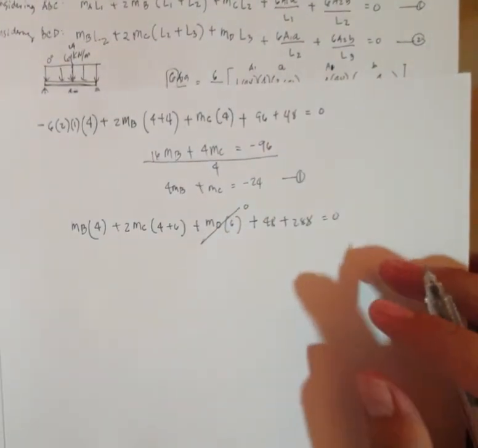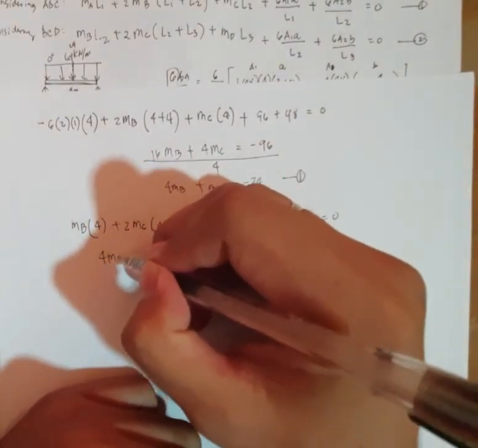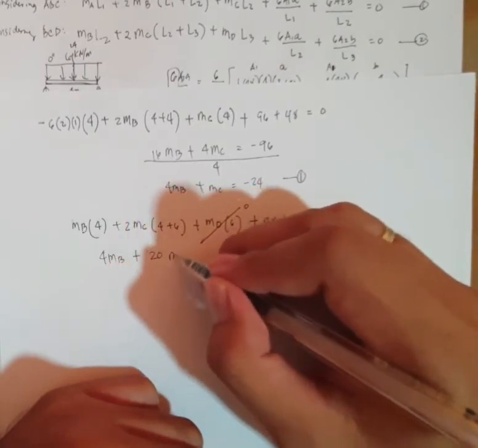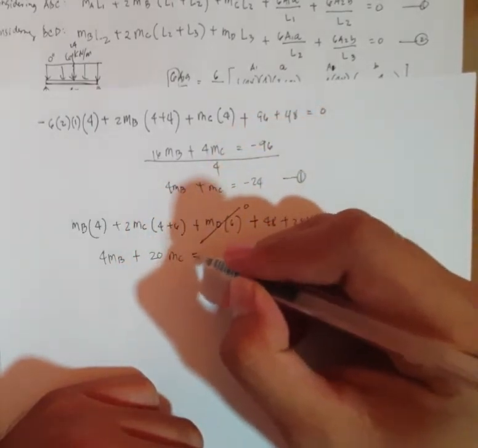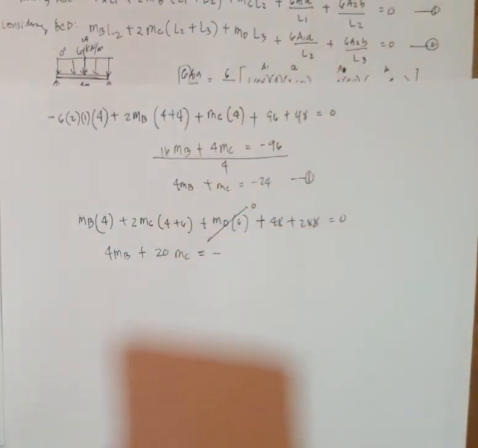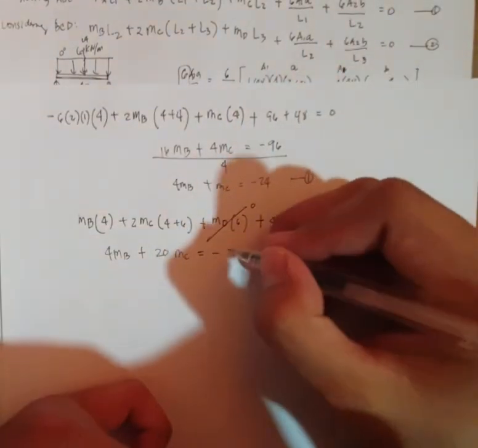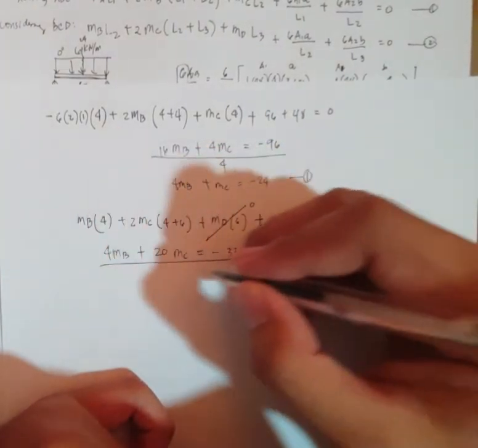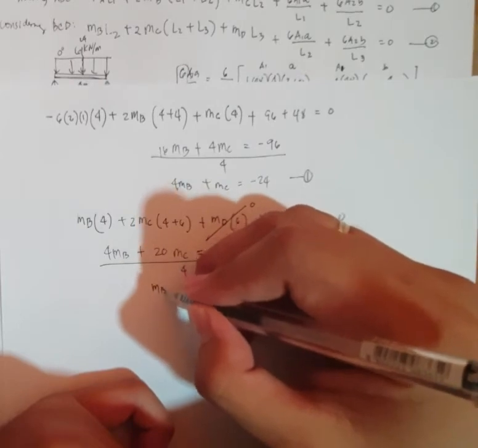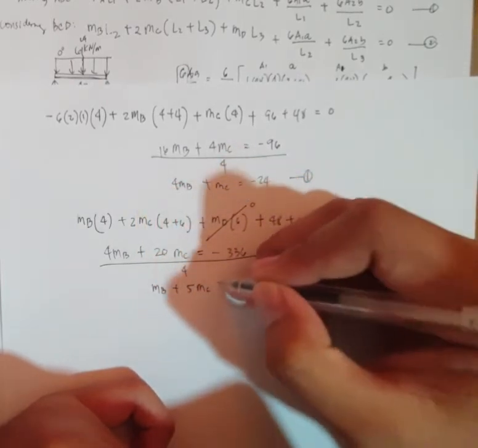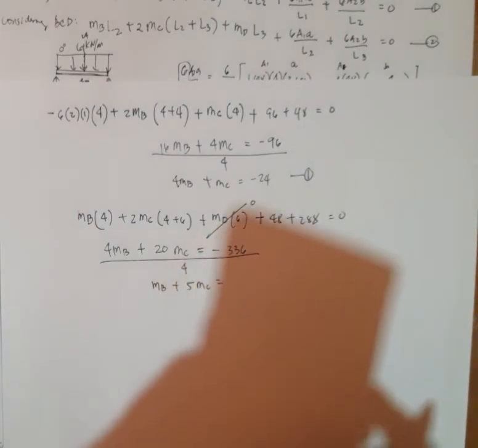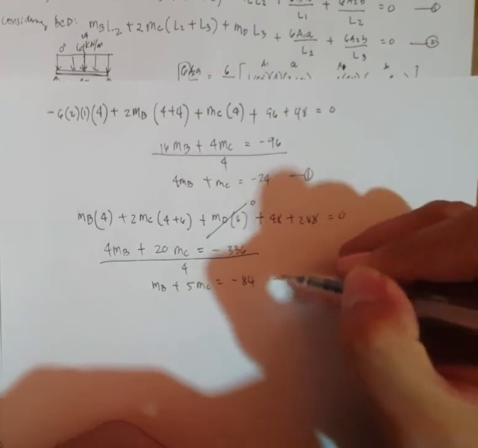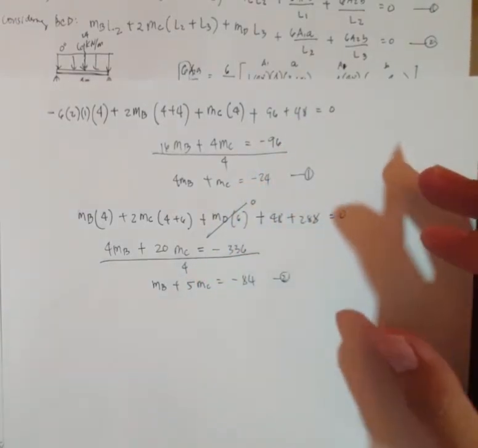Okay, so simplify gihapon. 4MB plus 4 plus 6 10 times to 20 MC equal to negative 48 plus 288 336. So simplifying, divide all by 4. We have MB plus 5MC equal to 336 divided by 4 negative 84. Equation 2. Okay.